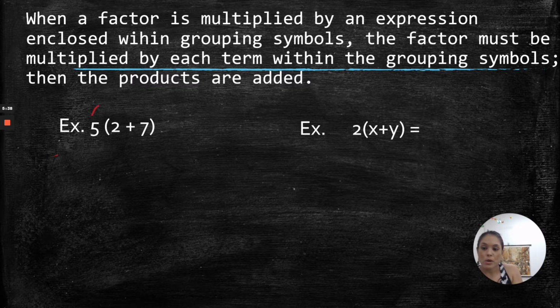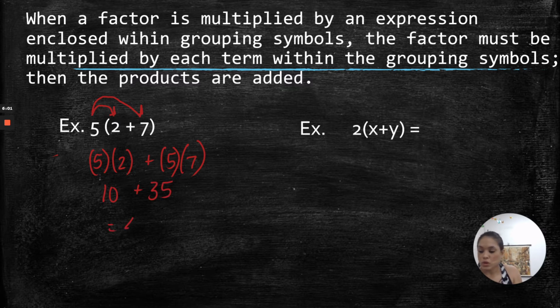So we need to multiply it by each factor in the expression. So 5 is going to be multiplied by 2 and then by 7, and they're added together. So 5 times 2 plus 5 times 7, this is 10 plus 35, which equals 45.